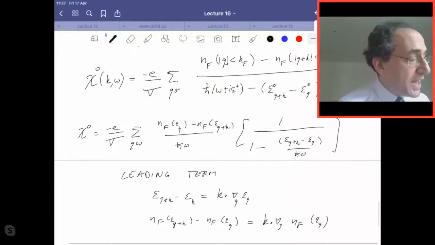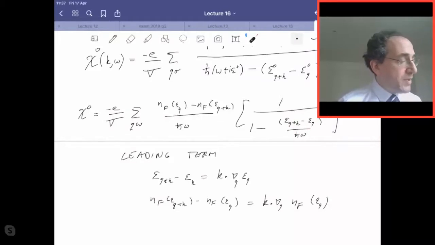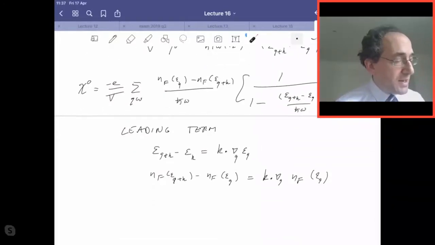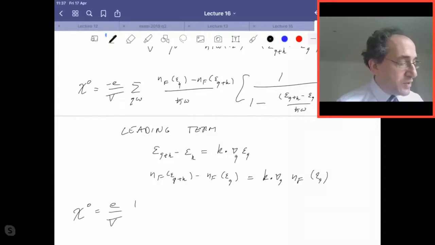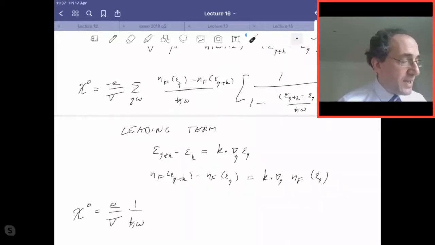Then multiplying out this term to first order, we end up getting chi naught is e over V, with this 1 over h bar omega sitting out front, and then a sum over q and sigma.